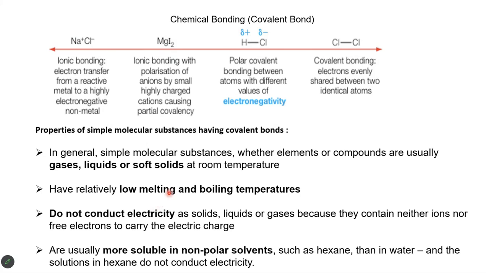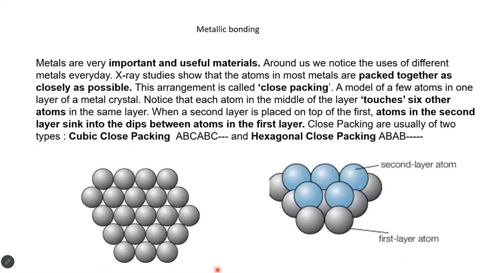They have relatively low melting points and boiling points. They do not conduct electricity. They are soluble in non-polar solvents such as hexane rather than in water, and the solution in hexane does not conduct electricity. These are the very general properties of covalent compounds.